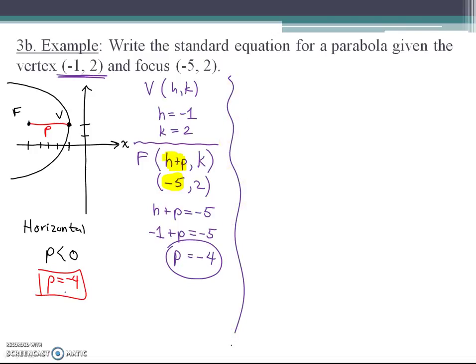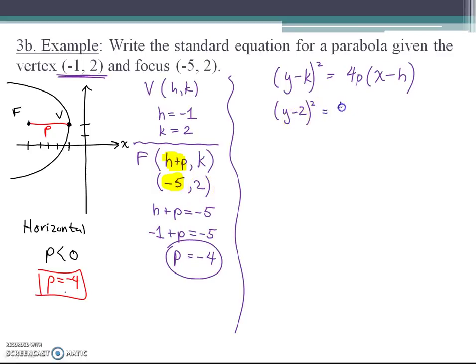Now, we've got a horizontal parabola, so we're going to go for the horizontal general form: (y - k)^2 = 4p(x - h). Fill in our values. Remember, it's always the opposite sign, so positive 2 becomes a minus 2.